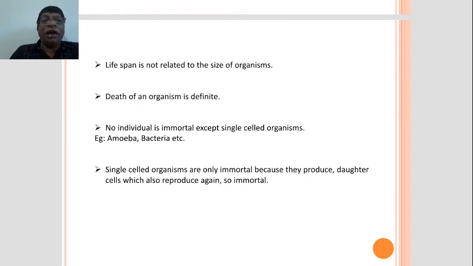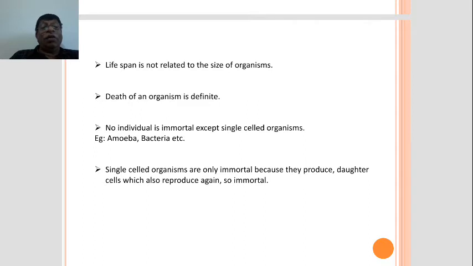So in this way, lifespan is not related to the size of organisms. If an organism's birth has taken place, death of the organism is also definite. Birth and death.